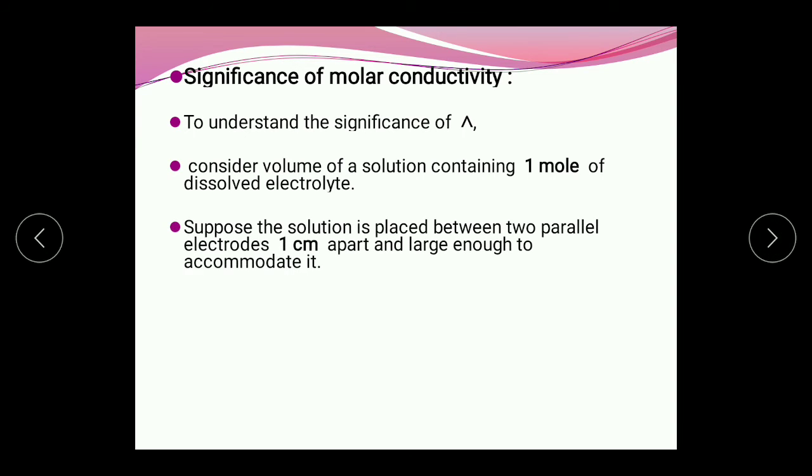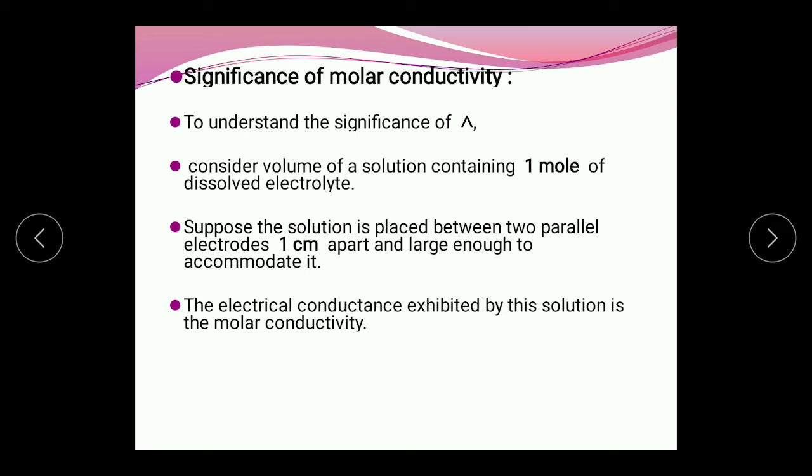Now, suppose this solution containing 1 mole of dissolved electrolyte is taken in a vessel in which 2 electrodes are placed parallel to each other, 1 centimeter apart from each other. Then, the electrical conductance exhibited by this solution is the molar conductivity. Understood?